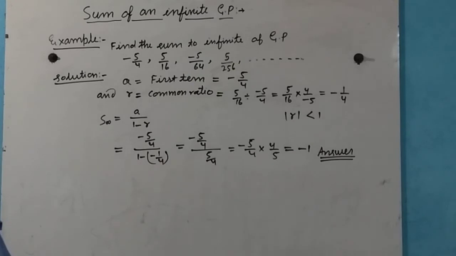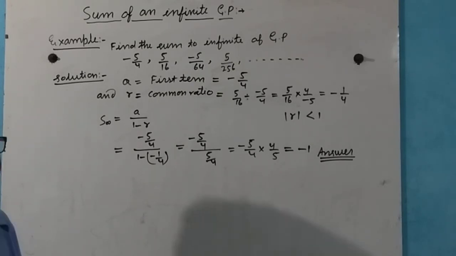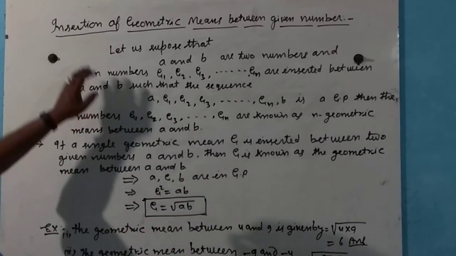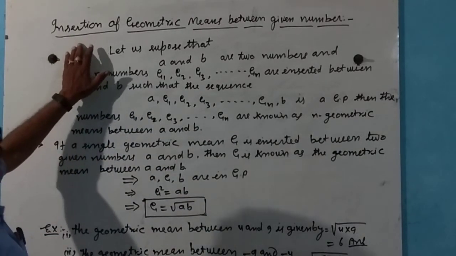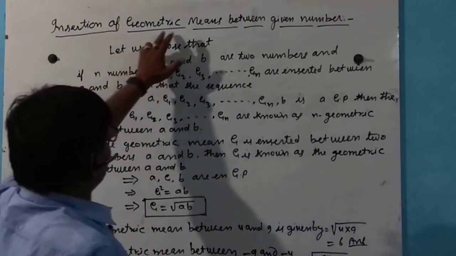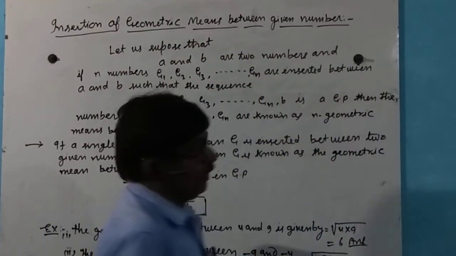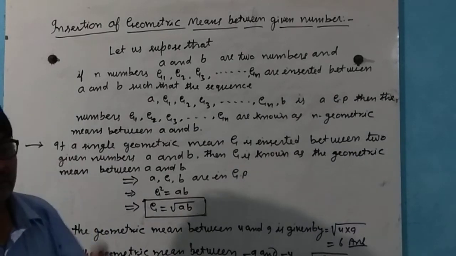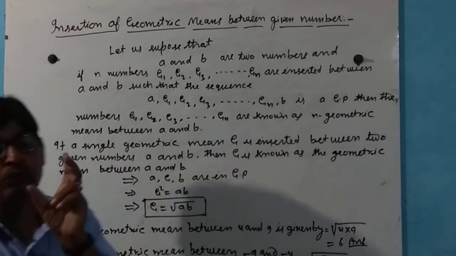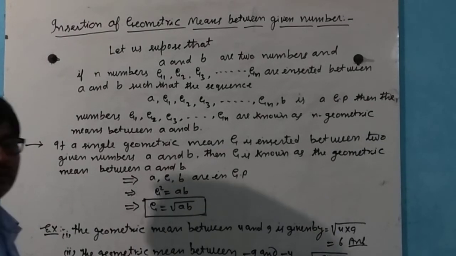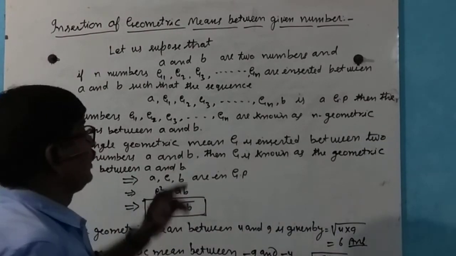Now, inserting n means between two numbers. Insertion of geometric means between given numbers. It means that if we are given two numbers, we have to calculate the geometric mean.